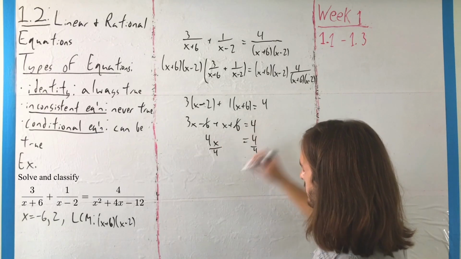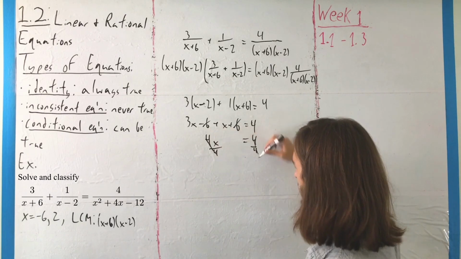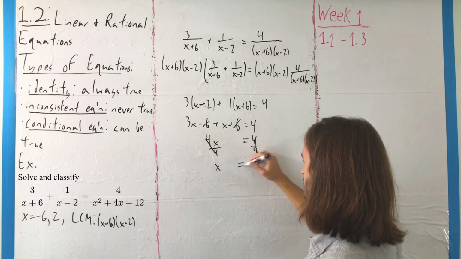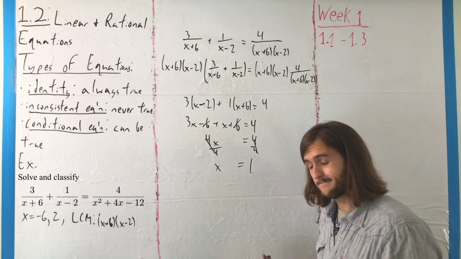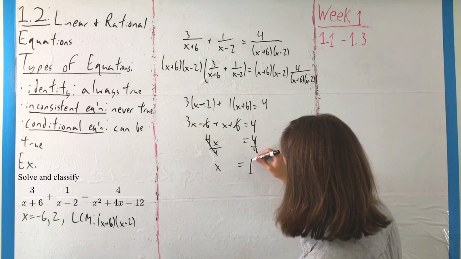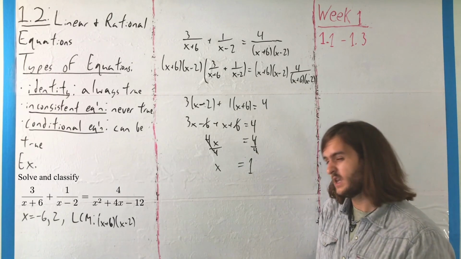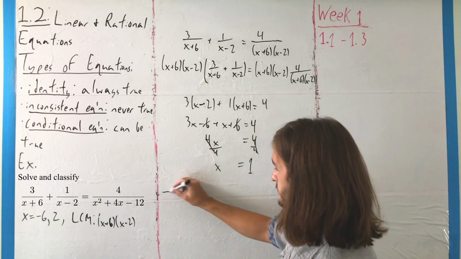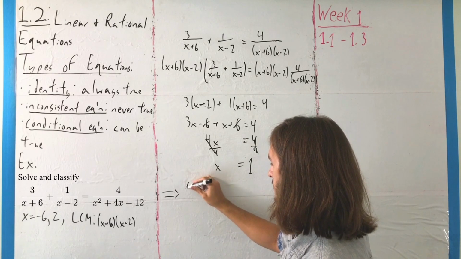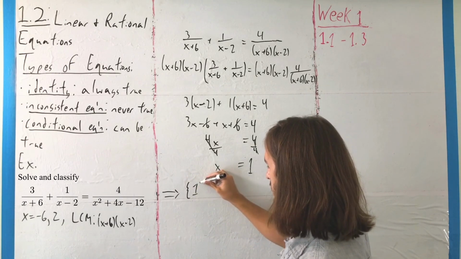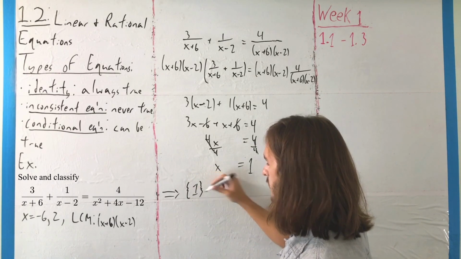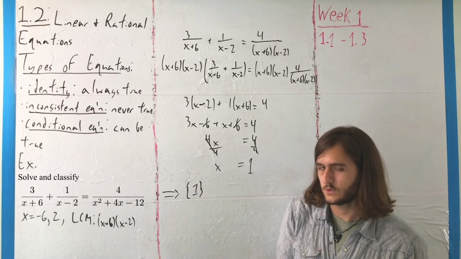Divide both sides by 4, and you will get x is equal to 1. Not the very prettiest process, I have to admit, but you do get that as your answer. And if you wanted to give that as a solution set, the solution set here is the loneliest number, all on its own, x equals 1.